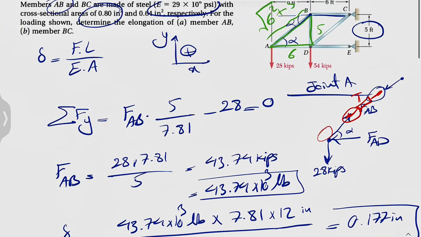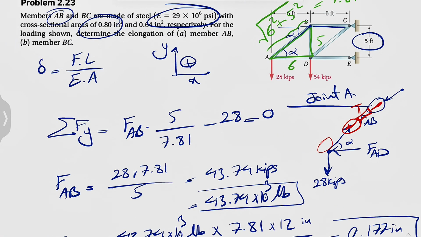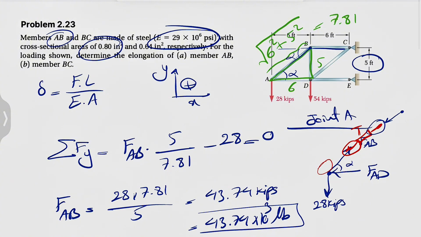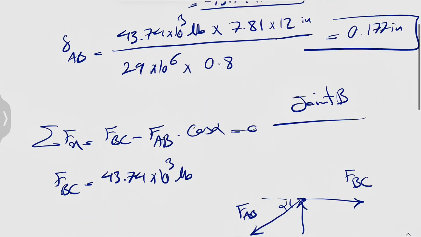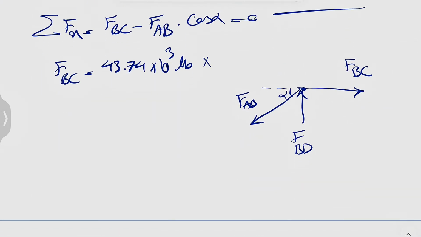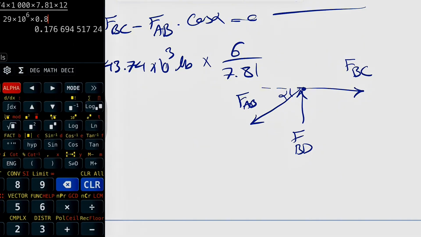And cosine of alpha, if we look at the angle alpha, cosine of alpha this time is 6 over 7.81, or the adjacent over hypotenuse. So times 6 over 7.81. And let's see what we get for FBC.